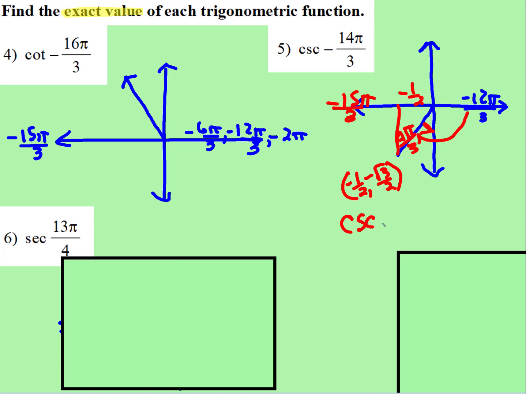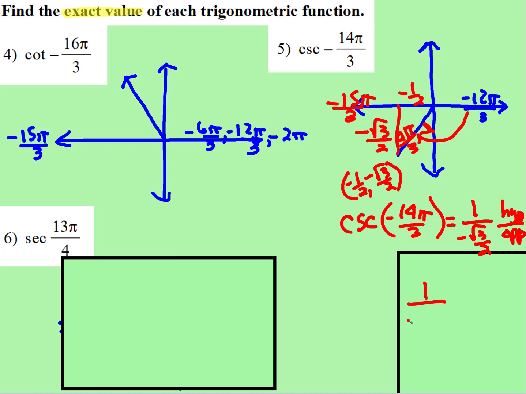So cosecant of any theta is hypotenuse over opposite. Well, the hypotenuse on the unit circle is 1, and the opposite, down here, is negative root 3 over 2, and then you're going to simplify.